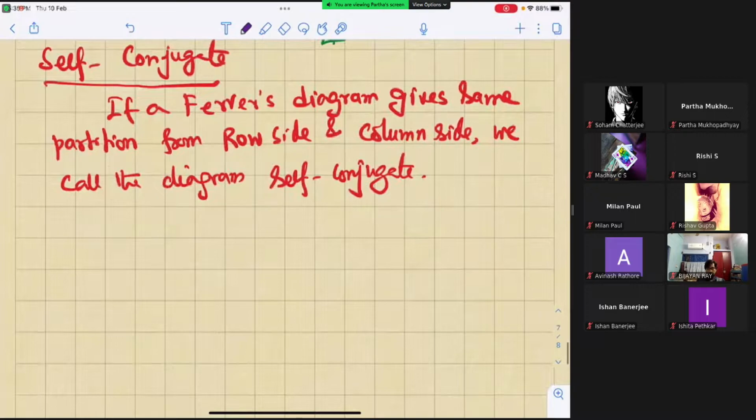Okay, good. So apparently this Ferrers diagram offers you a very nice way to prove a few results in combinatorics. For example, look at this following lemma.